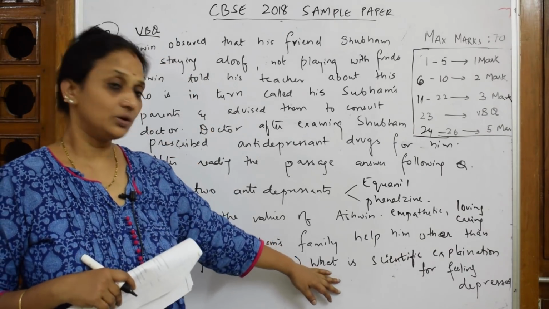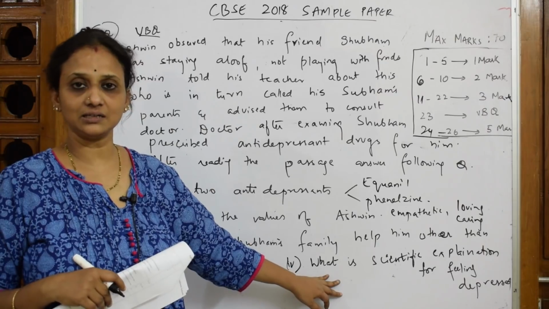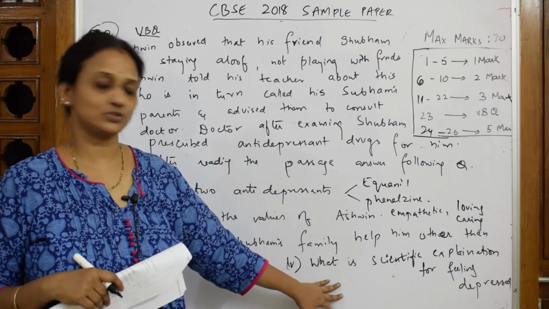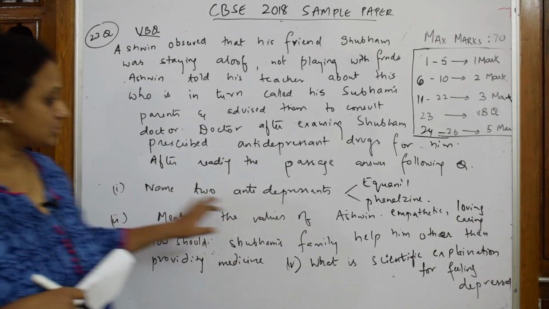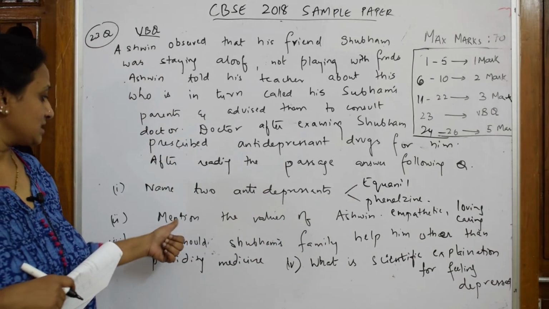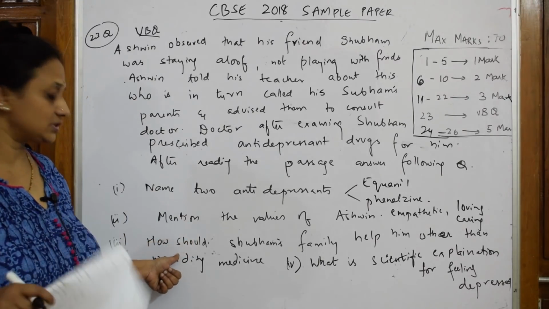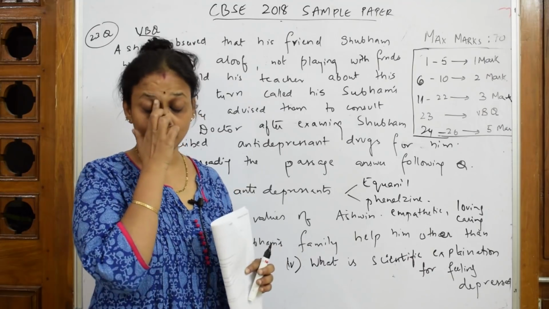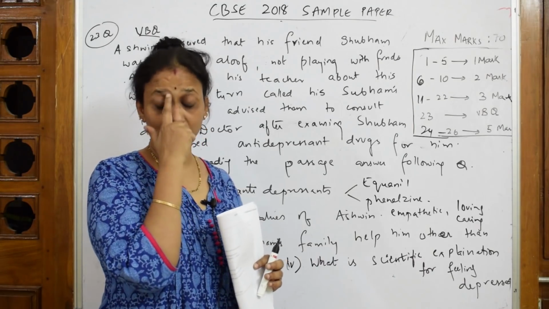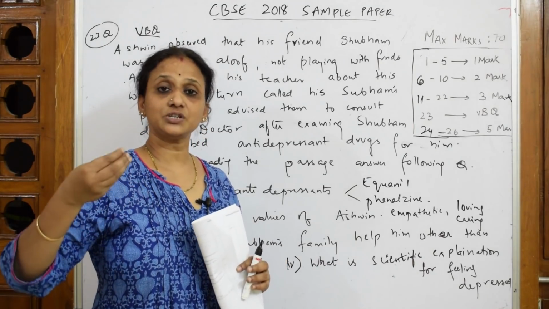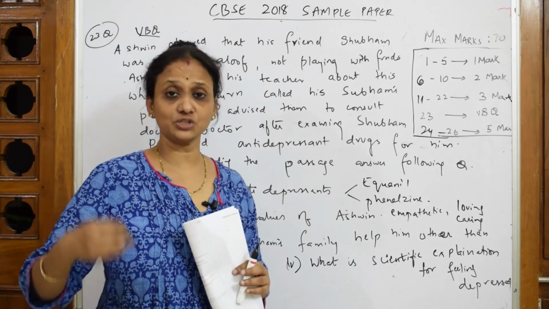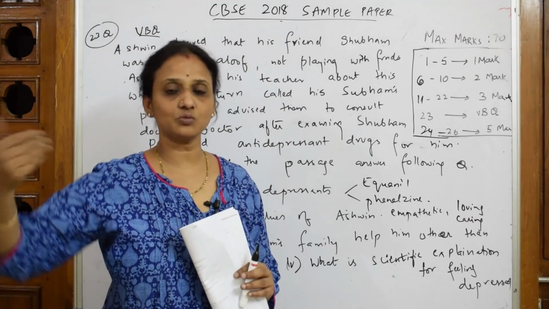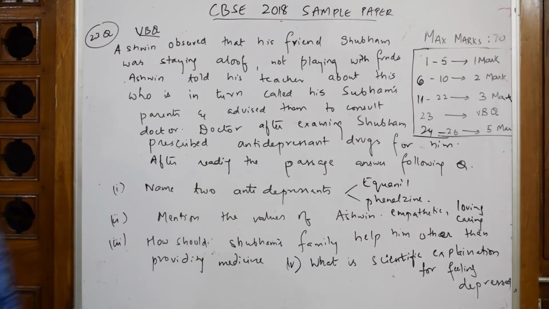So you will write, if the amount of noradrenaline is low in the bloodstream, the person goes into depression. So easy, isn't it? You need to remember the first question, 1 mark. Second question by your own, third question by your own, fourth question mode. That means whenever you are studying chemistry in everyday life, try to remember the heading, try to remember 2 examples, try to remember the mode of action or the function of that. Because if this is less, what will happen to the body? If that is more, what will happen to the body?